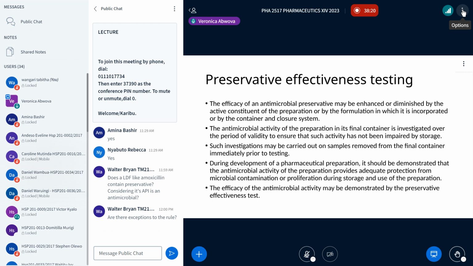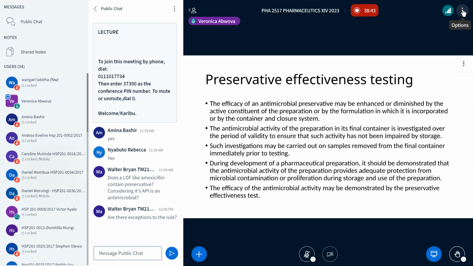So for instance, you add a preservative to a pharmaceutical product. Expectation is that this product is well balanced, it is able to stay active for the period of the shelf life, but you need to be able to prove that. How do you prove that? You test to see whether this preservative is actually effective.